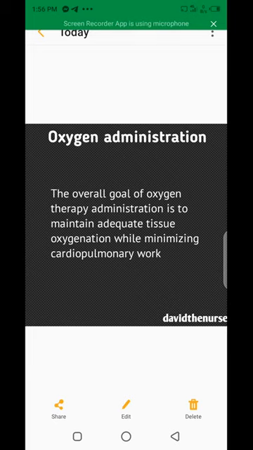Now, administration of oxygen is not routine. It's not something you give to all patients. And that is why our assessment skills and observational skills must be intact to know which patient needs oxygen and which patient does not need oxygen. See a patient in obvious respiratory distress, patients using accessory muscles of respiration to breathe.